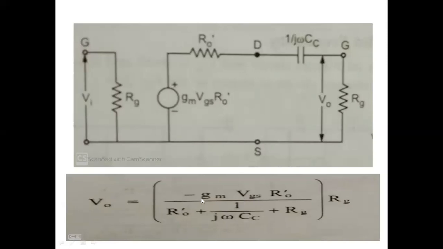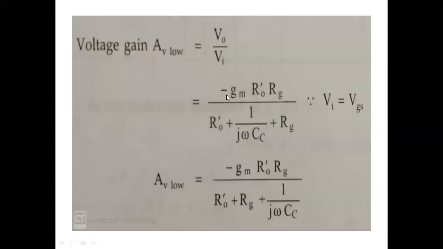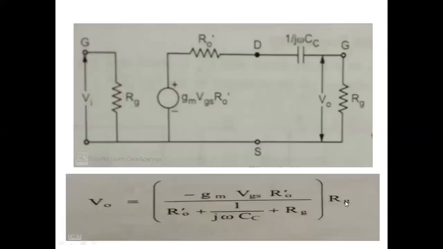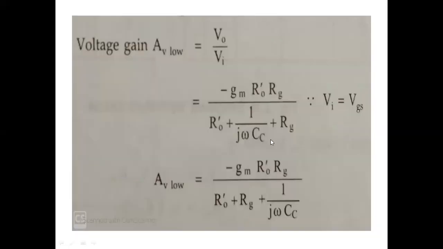Taking Vi to the left side, we get V naught by Vi equal to minus Gm R naught dash Rg by R naught dash plus Rg plus 1 by j omega Cc. V naught by Vi is Av, the voltage gain. Here we are finding the gain at lower frequencies, so we represent it as Av low. So Av low is equal to this term. Okay.